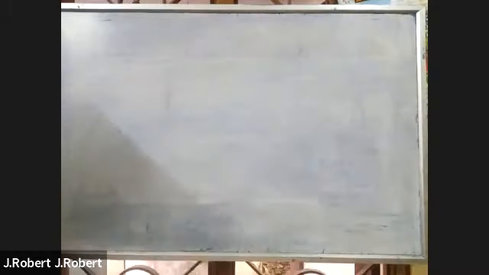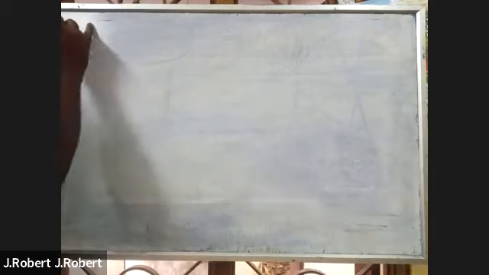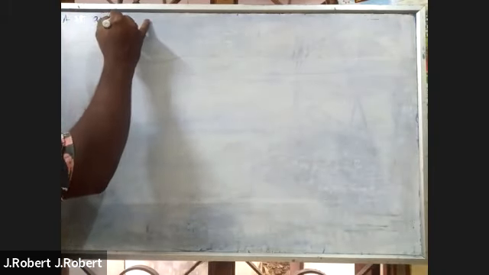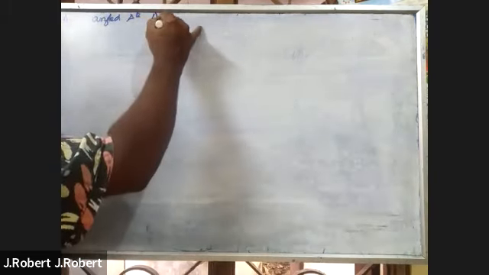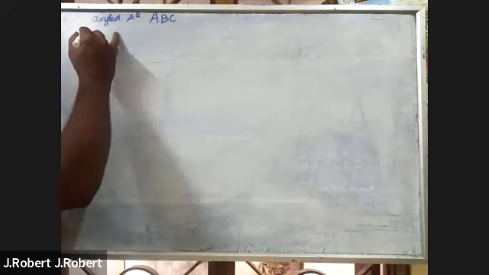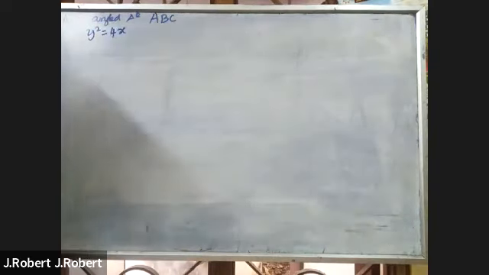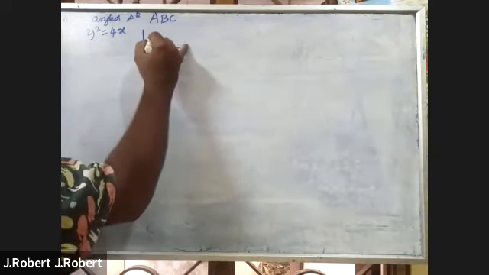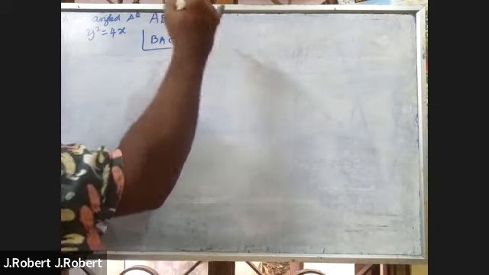Take down the first problem. It's quite an interesting problem. A right angle triangle ABC is inscribed in a parabola y squared is equal to 4x, where A is the vertex of the parabola, and angle BAC is equal to pi by 2.